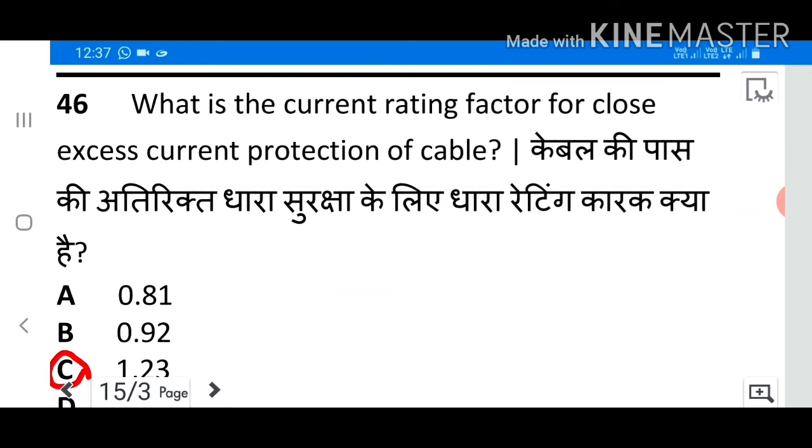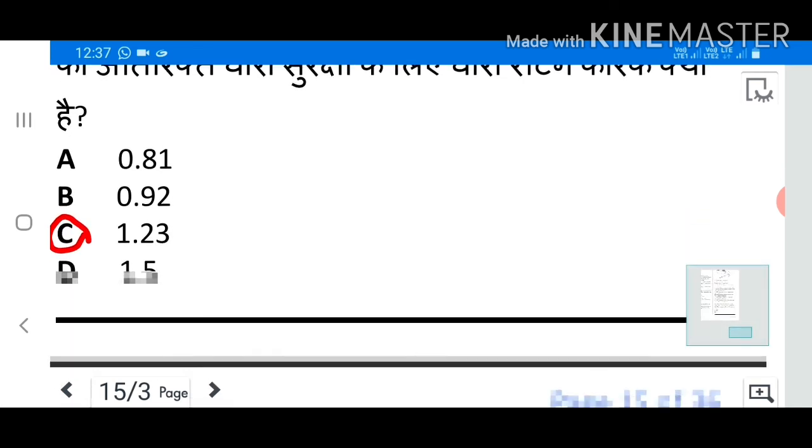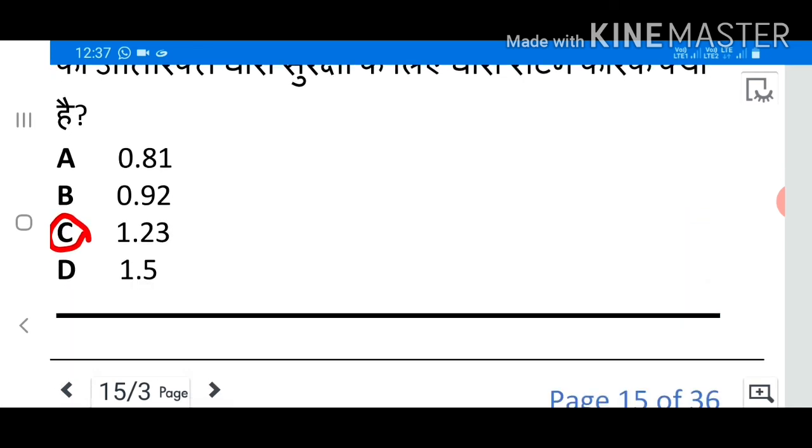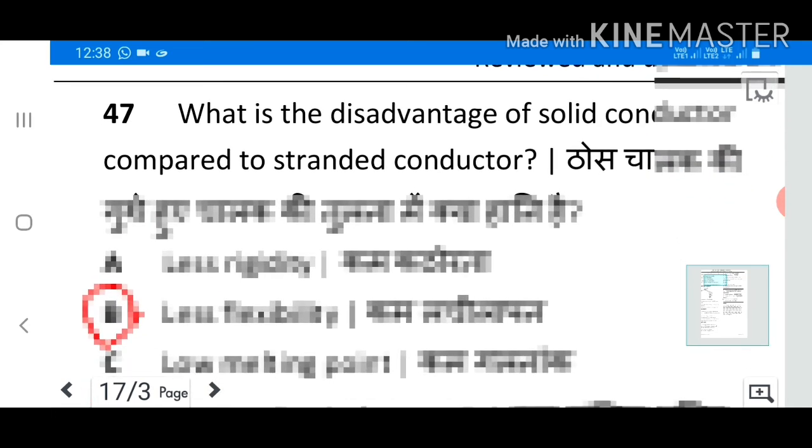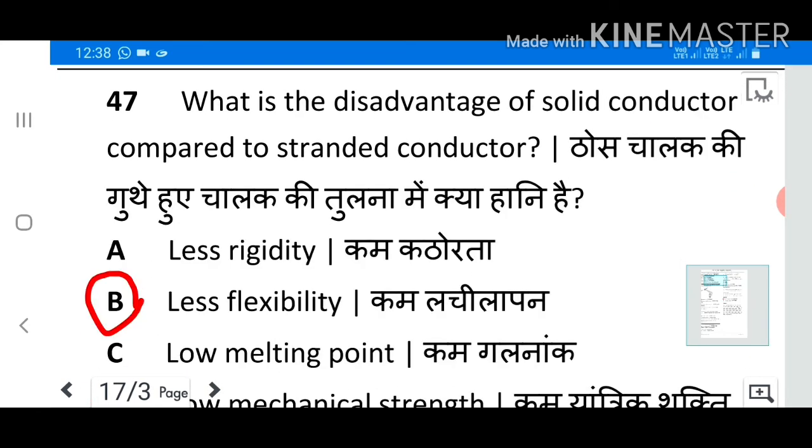46. What is the current rating factor for coarse excess current protection of cable? Answer C. 1.23. 47. What is the disadvantage of solid conductor compared to stranded conductor?